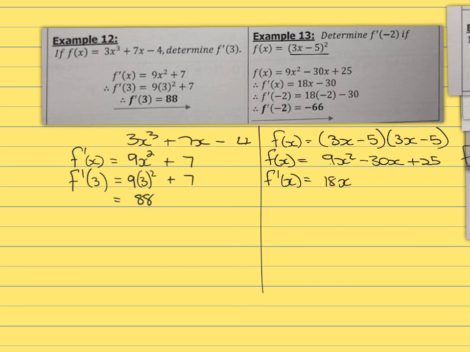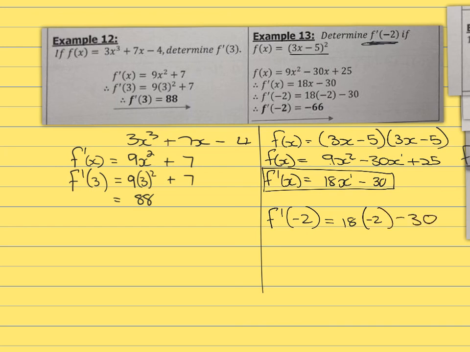X, 2 minus 1 is 1, minus 30 times 1 gives me 30. 1 minus 1 is 0, so that falls away. And the 25 has also not got a variable, so that falls away. So this is my derivative of x. Now they wanted the derivative of minus 2. See here? So you're going to replace minus 2. So it's 18, and in the place of x will be minus 2 minus 30. And that will work out to minus 66.